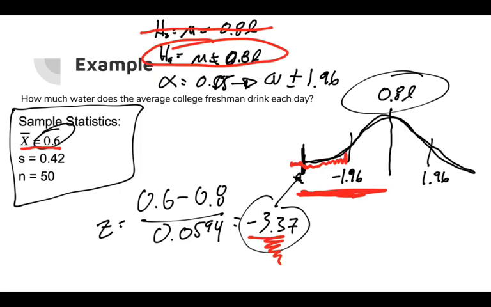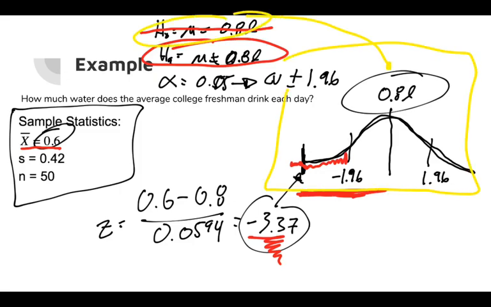Is I set up a sampling distribution based on the hypothesis that I want to get rid of, right? Because the sample that I took ended up being way out here compared to the average of 0.8 liters.